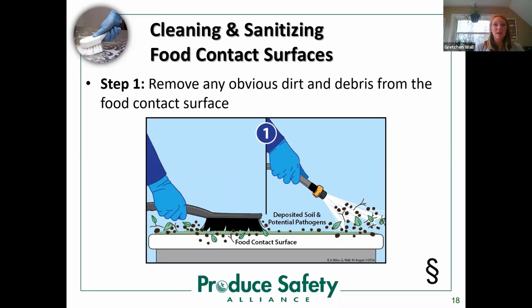The issue with that is anytime you're using high pressure water or air to blow off debris, you're potentially distributing that to other areas of the packing facility. So you want to encourage them to use low pressure water or air to blow off some of those surfaces, or even just brushing off into a dustpan of some sort.